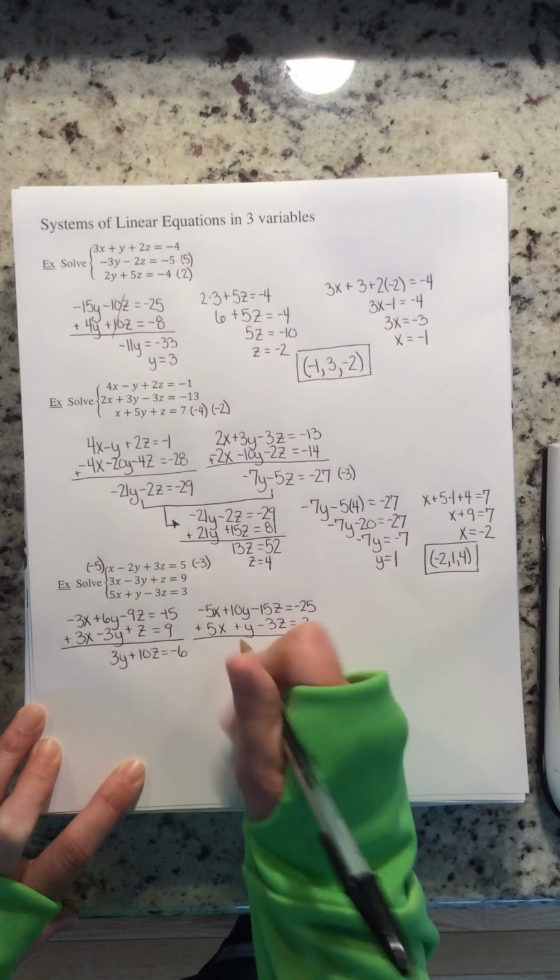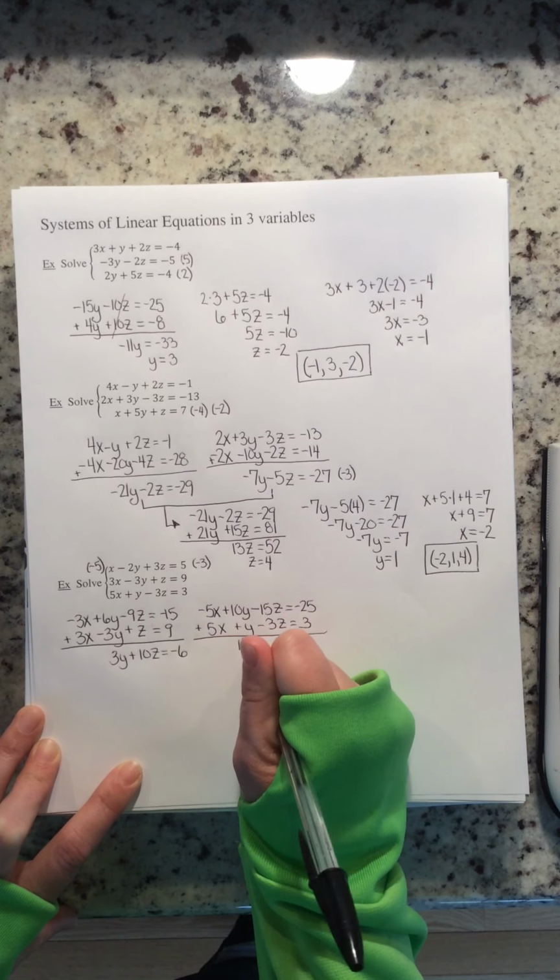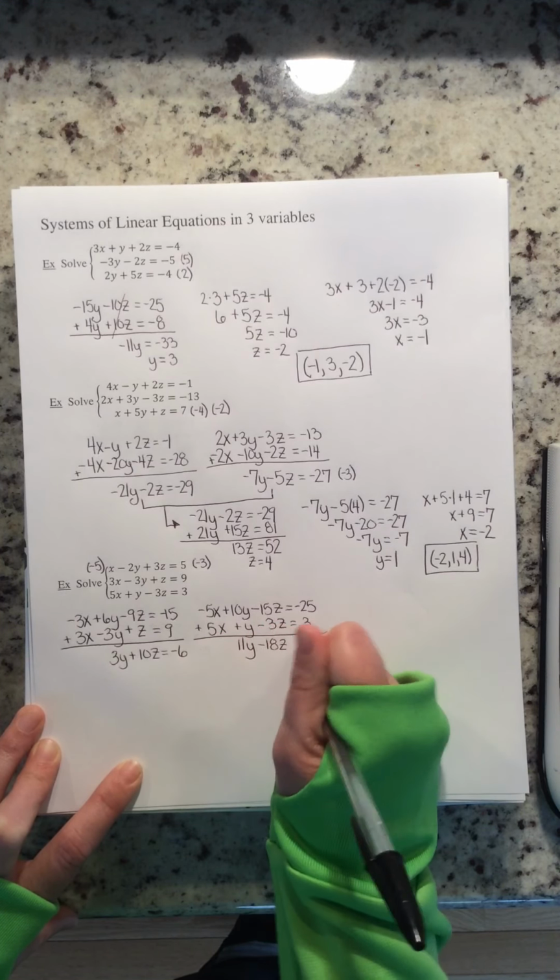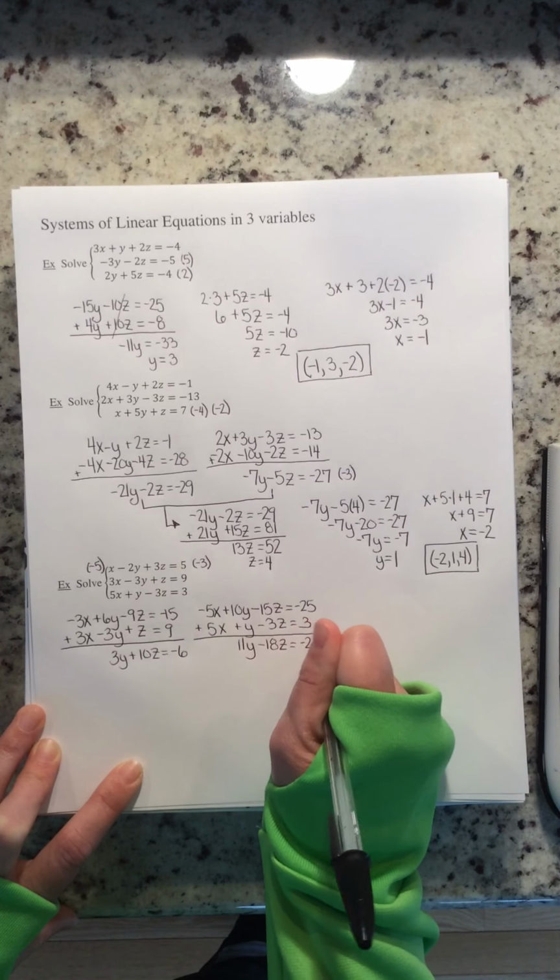X eliminates again, and now I have 11y minus 18z is equal to negative 22.